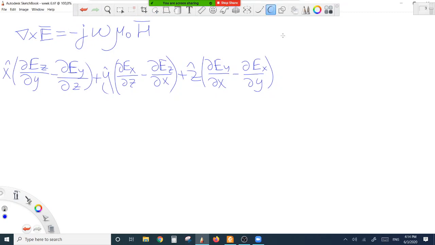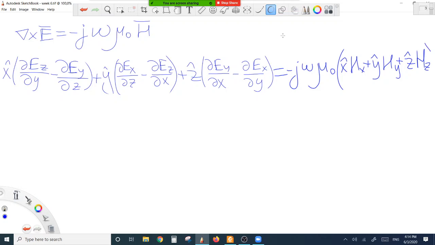So everything will be equal to minus j omega mu 0 (x Hx plus y Hy plus z Hz).